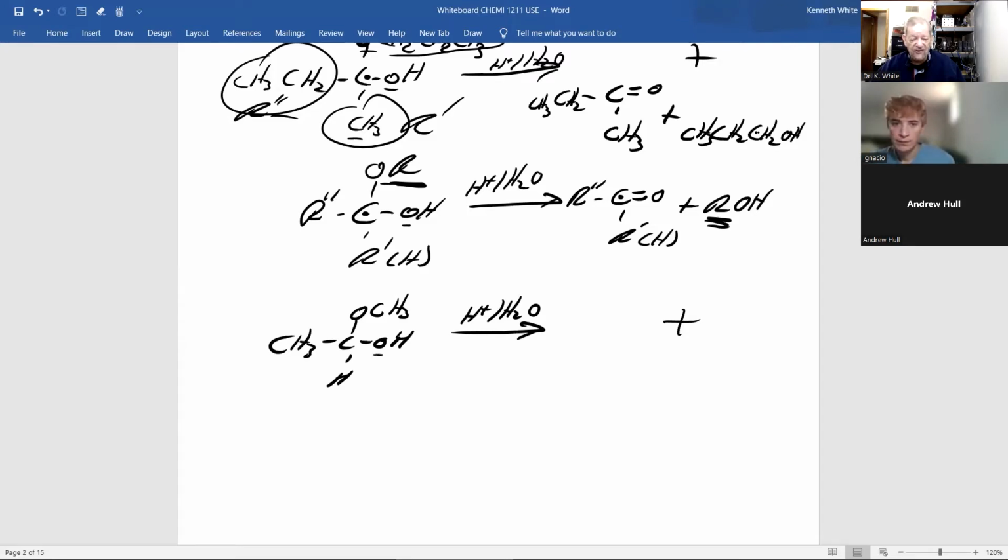What's different? Ooh, oxygen here and here to the same carbon. One's a hydroxyl group, one's an oxygen with carbons. And that same carbon, I could have had R prime, but I have a hydrogen. And this carbon I'll call R double prime.